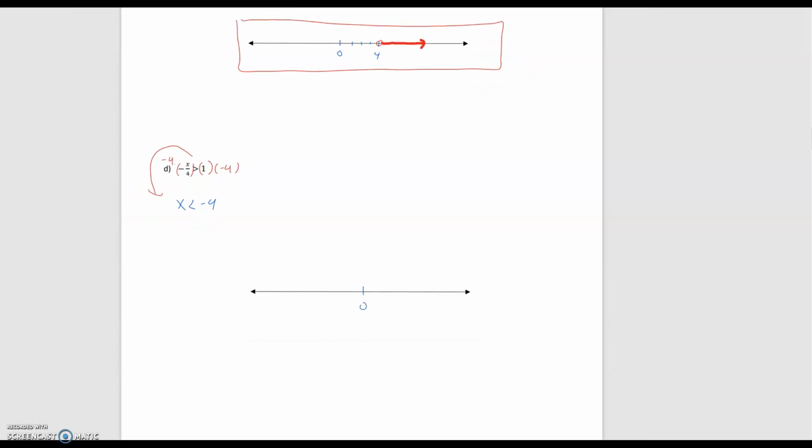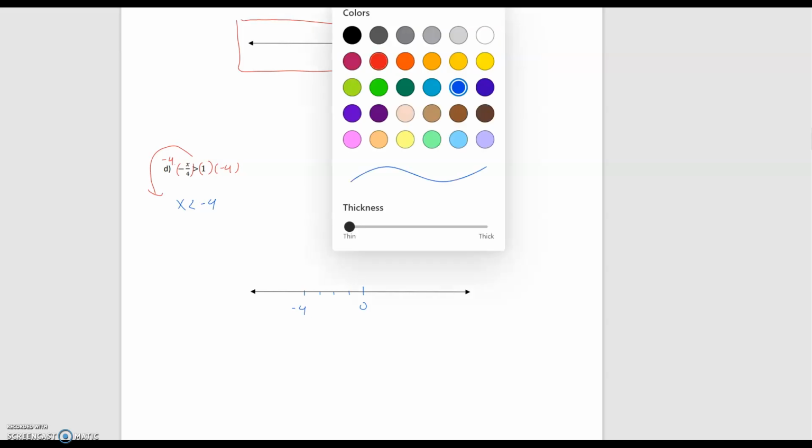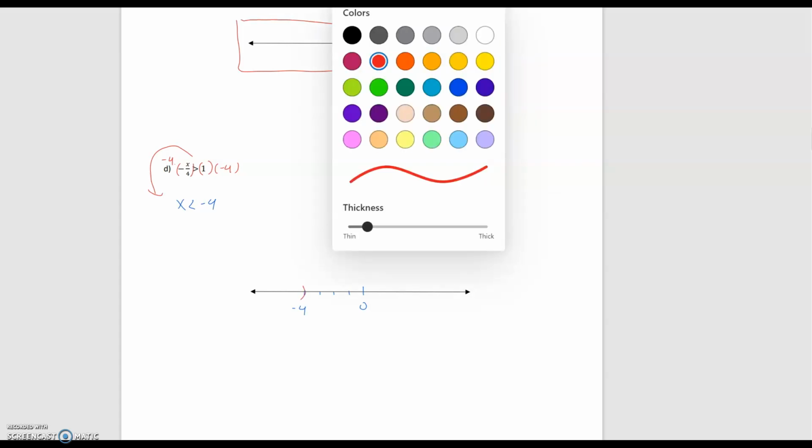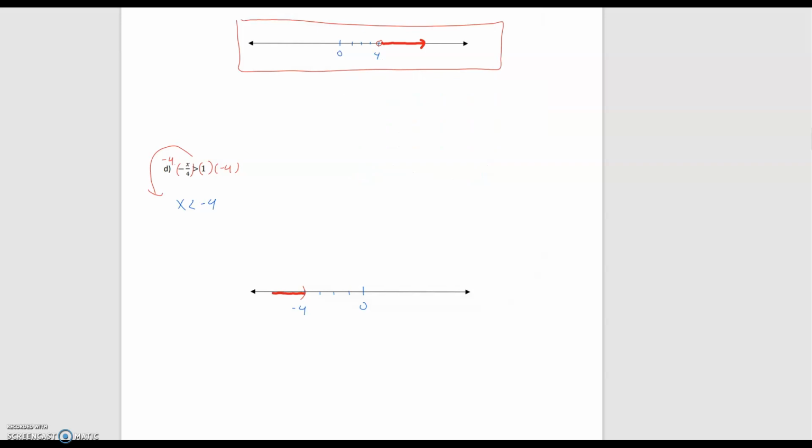And once again, this is 0, 1, 2, 3, 4. And let me use the parentheses. And less than means to the left.